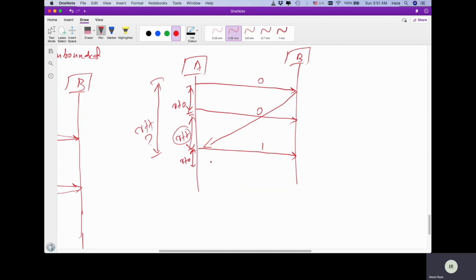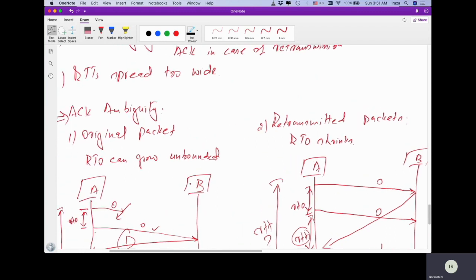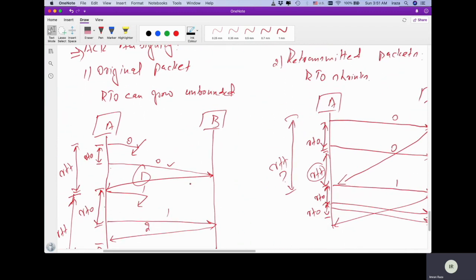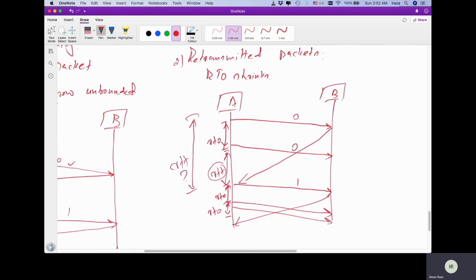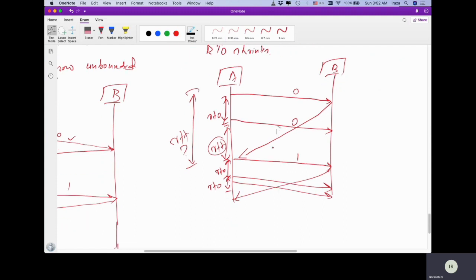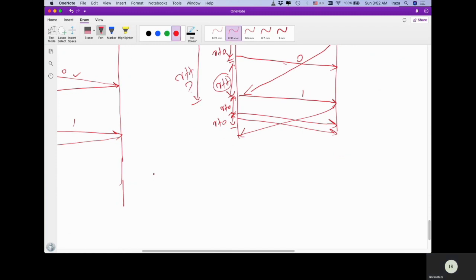Again we have this acknowledgement but it has expired, and next time even this RTT value is smaller. So because of this acknowledgement ambiguity, either the RTO can grow unbounded if I'm associating this acknowledgement with the original packet, or if I'm associating it with the retransmitted segment, the retransmission timeout will shrink.